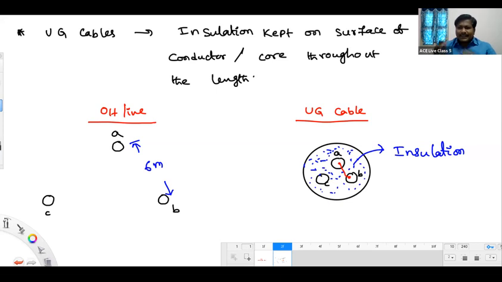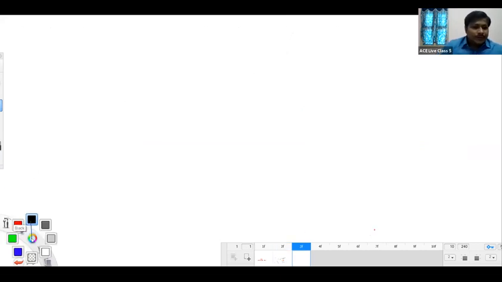So the first and basic difference between the two, physically speaking, is GMD, geometric mean distance. GMD of the cable is very, very low compared to GMD of the overhead line. All of you getting this? Simple thing only.